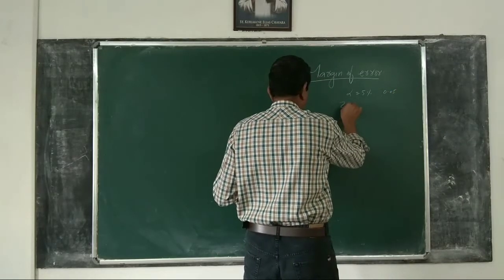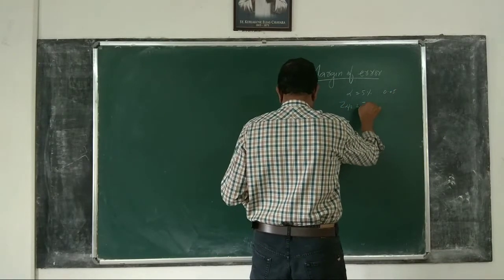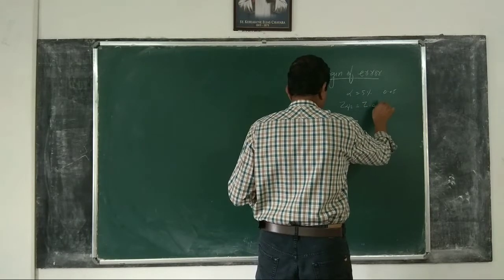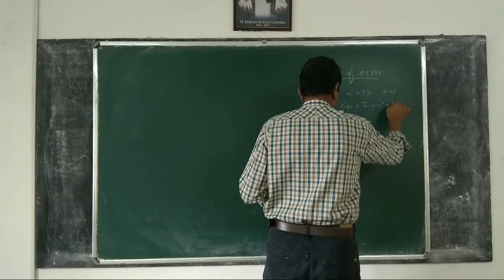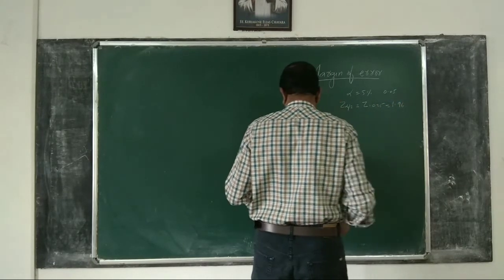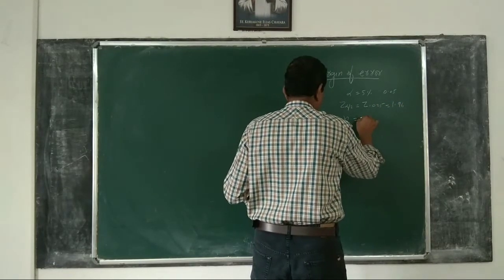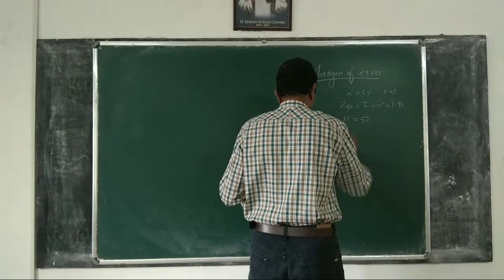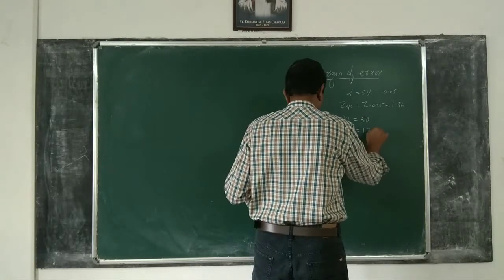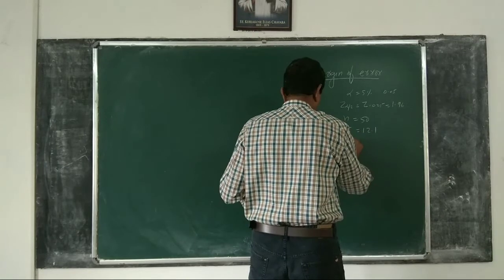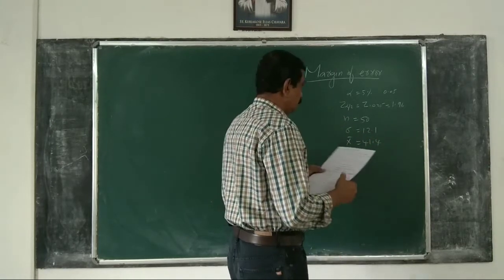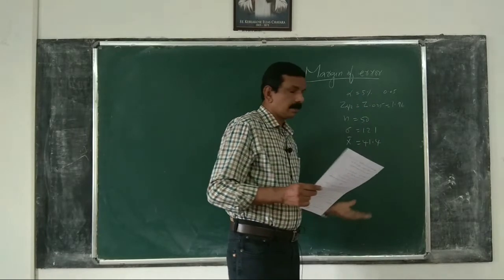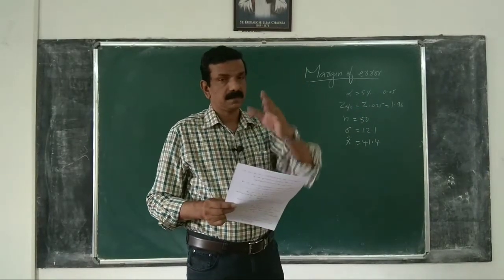So Z alpha by 2 is equal to Z 0.025, which is 1.96. n is 50, sigma is 12.1, x bar is 41.4. Remember, we will do all these calculations using software.